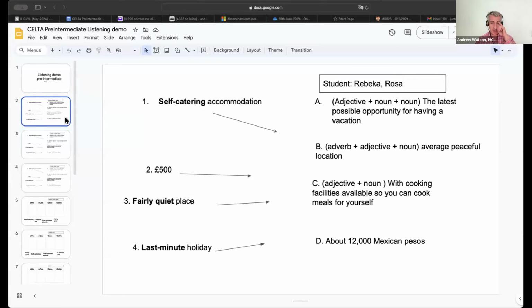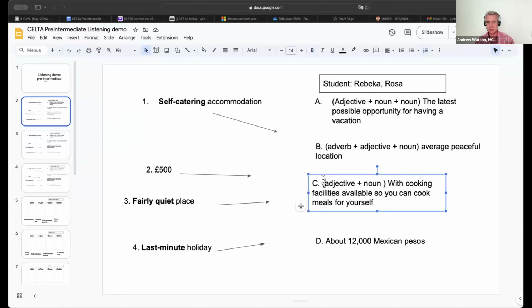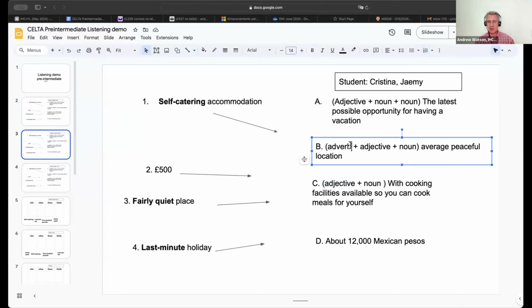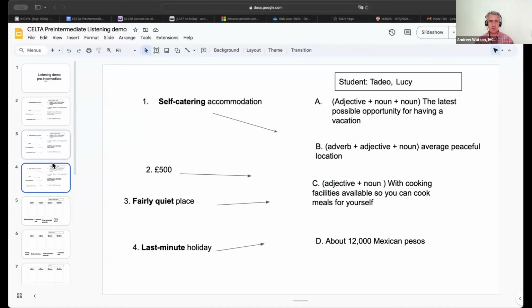So have Rebecca and Rosa work together. I want you to match these vocabulary terms, this lexis, to the definitions. You'll notice that they're also parts of speech here, so you've got to get that right as well.